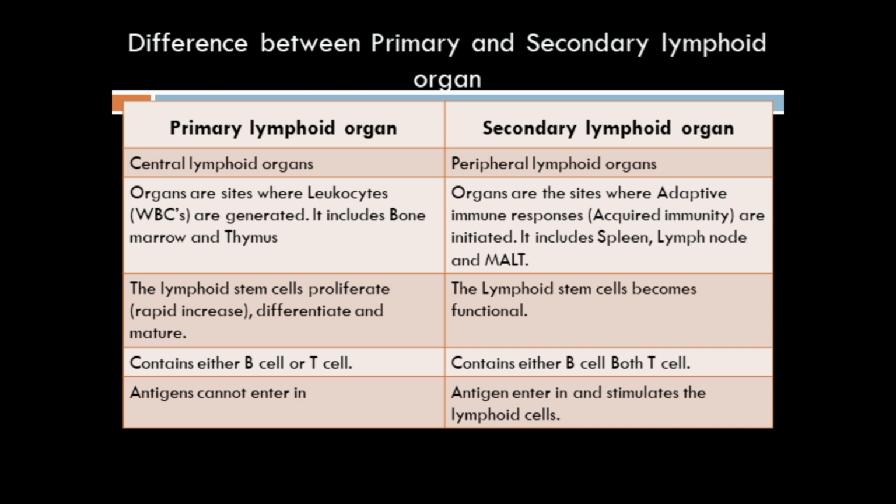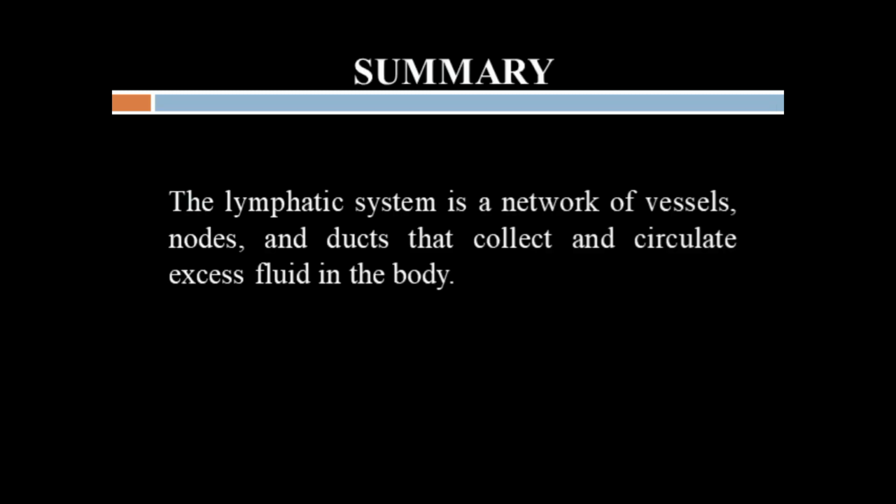When the antigen enters here, this lymphoid organ will control it and react against the pathogens. So this is the difference between primary and secondary lymphoid organs.